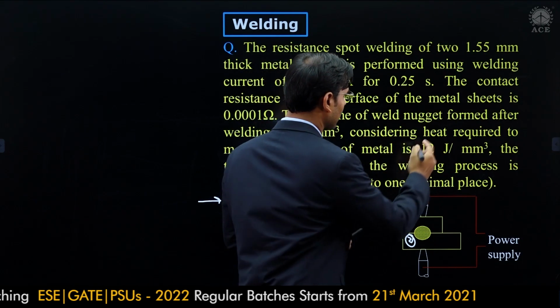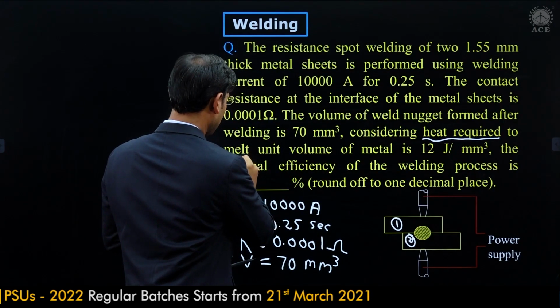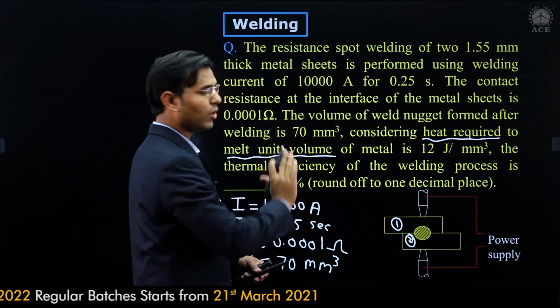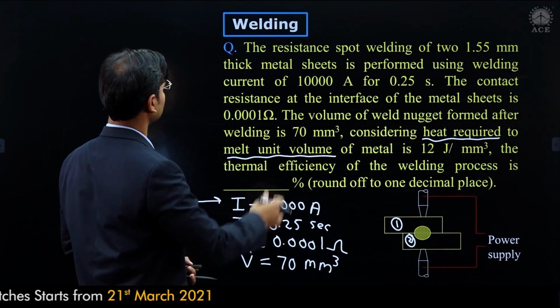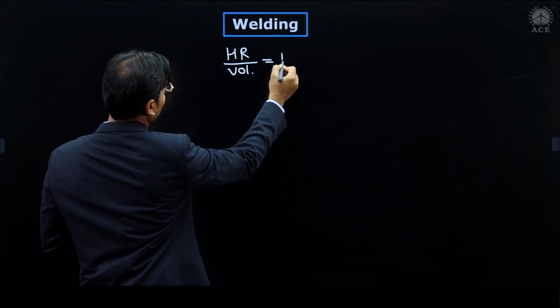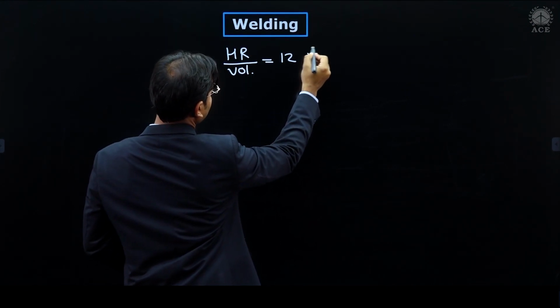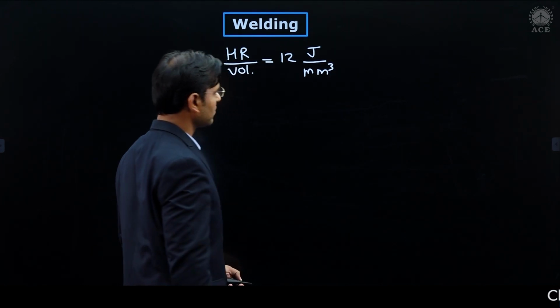Heat required to melt per unit volume. Heat required per unit volume, I am writing, heat required per unit volume is equal to 12 joule per millimeter cube. That is given.